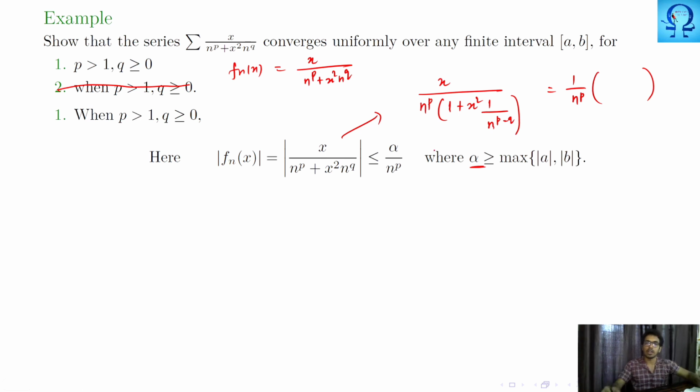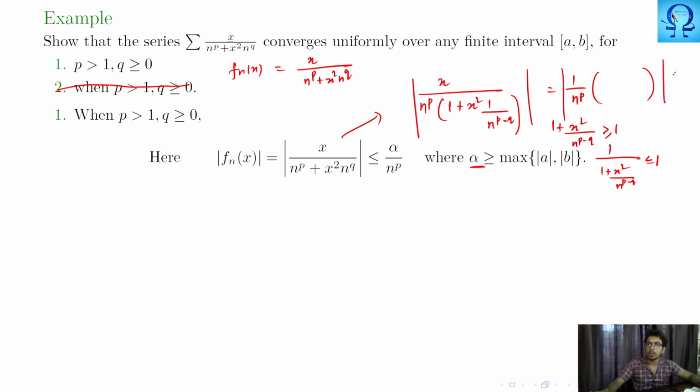So we don't have to worry too much. The denominator part, 1 upon x square upon n to the power p minus q, would be greater than or equals 1. When it is greater than or equals 1, 1 upon x square upon n to the power p minus q would be less than or equals 1. Therefore, this entire quantity will be less than or equals absolute of x.